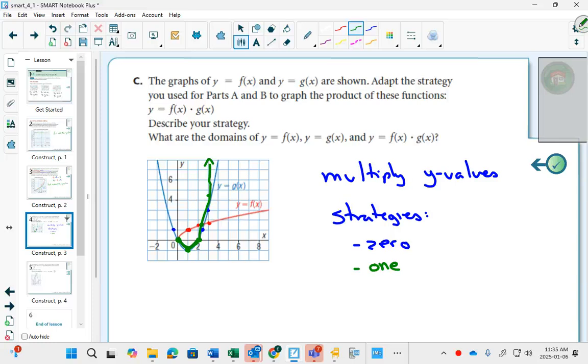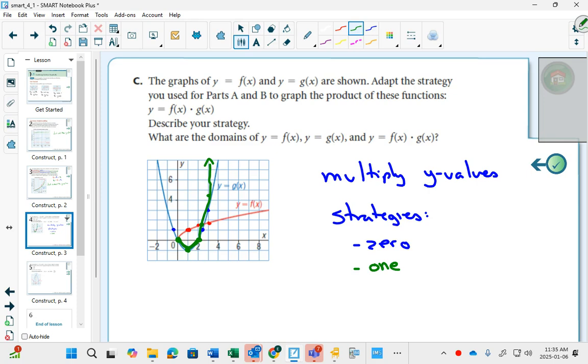How are you sure the green graph is not going to go outside of the green line? Well, here the idea is if I multiply, the red is bigger than 1 and the blue is bigger than 1. When you multiply, your numbers would get bigger than that. So that's why your green graph would be higher than both your blue and your red graphs.